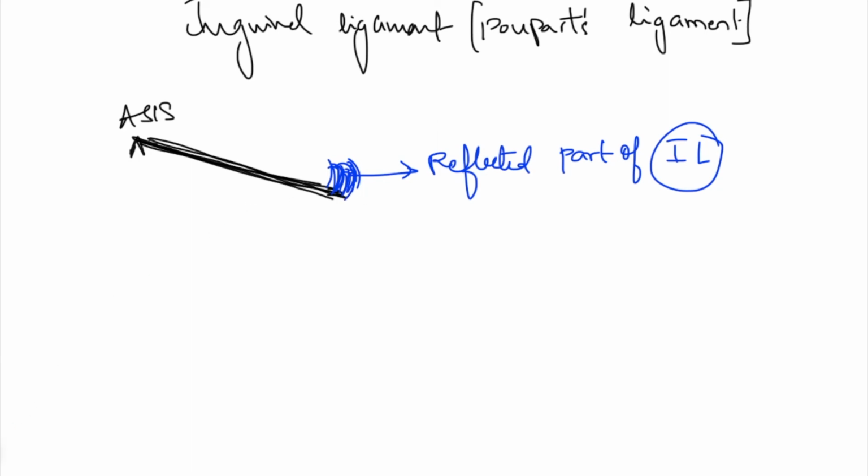And then if I complete this diagram, here you have the pelvis. I'll draw this. This is the obturator foramen. This is your pubic ramus here. So there is a gap between your inguinal ligament and your pubic ramus.